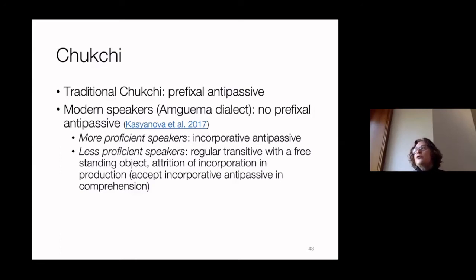It's important not only to track their production, but also to test them in comprehension, the way we did, for example, for heritage English, because certain things may be gone or incorrect in production just because of online pressures, but they're still present in the comprehension system. That's one of the many examples where production and comprehension go different ways.